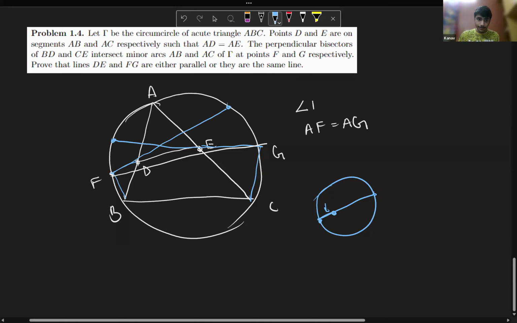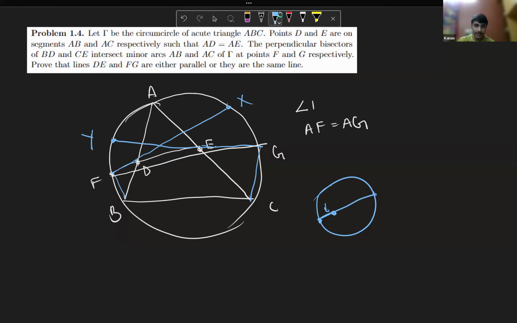What do we call them? Let's call them X and Y. Now, we have some great angle conditions going on. Can you find them? Try finding the angle conditions, some more properties about this one.